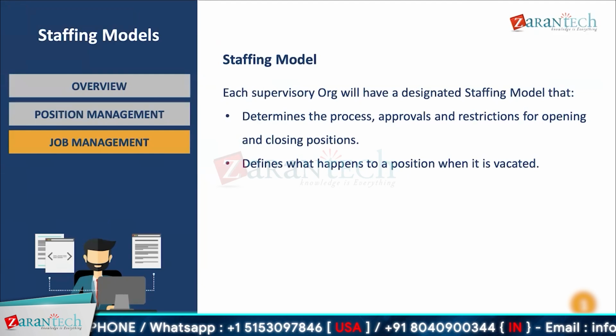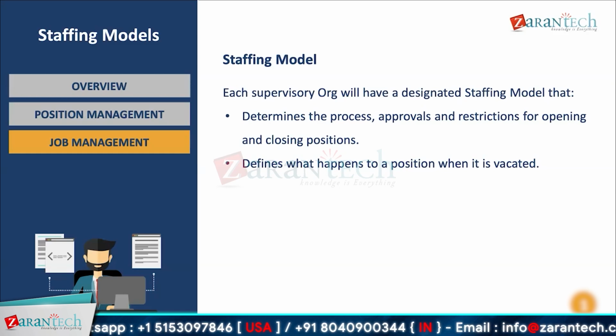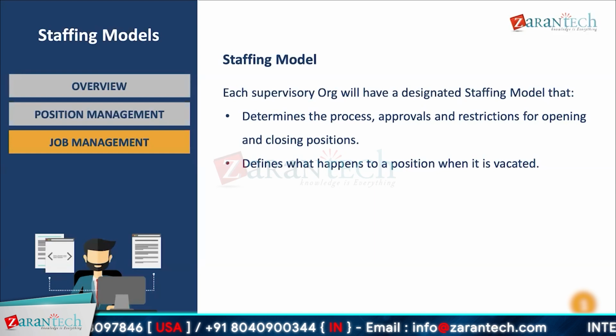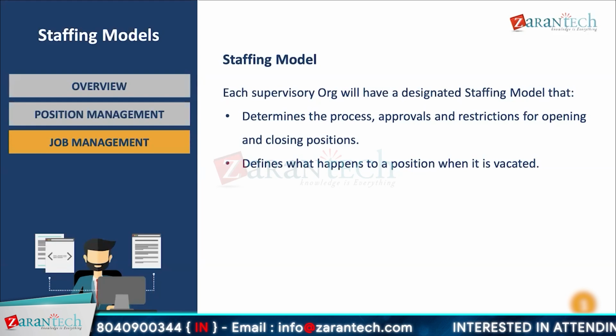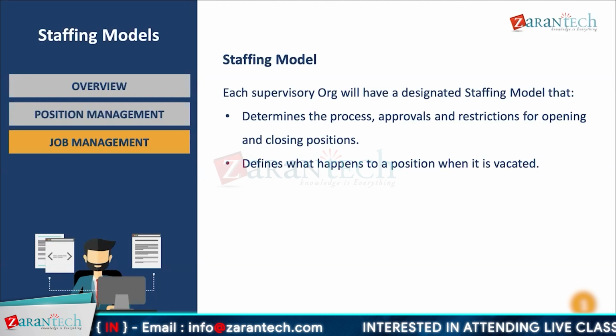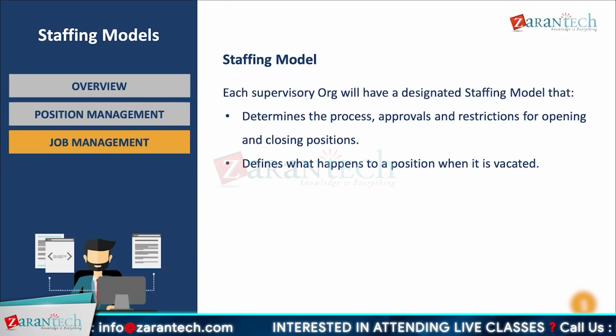To understand the difference between these two models, we generally give an example. The example of position management is like this: let's say there's a conference room and there is a table and there are five.